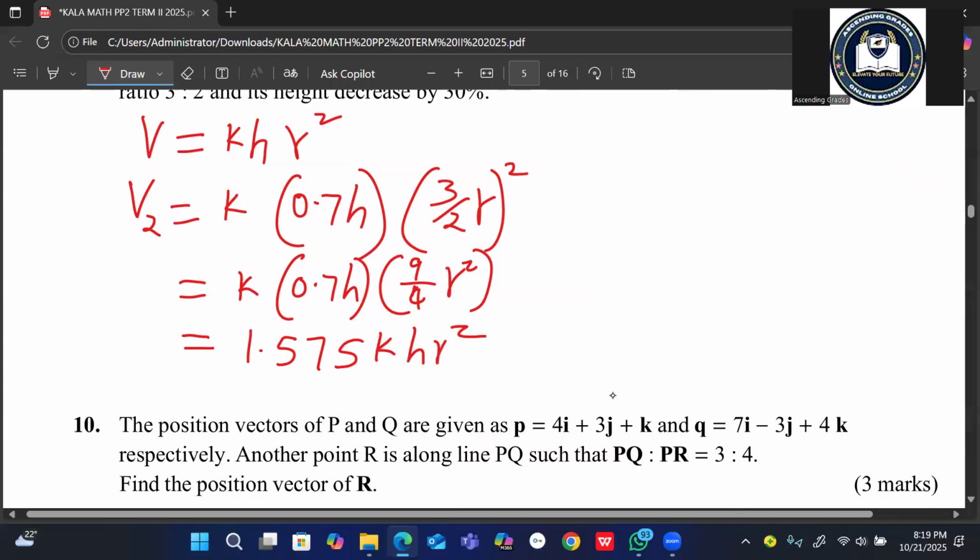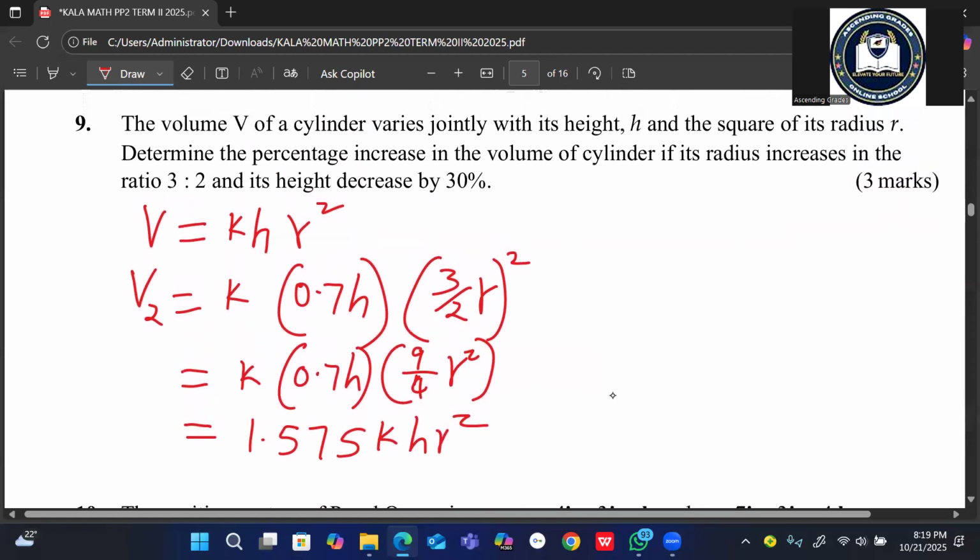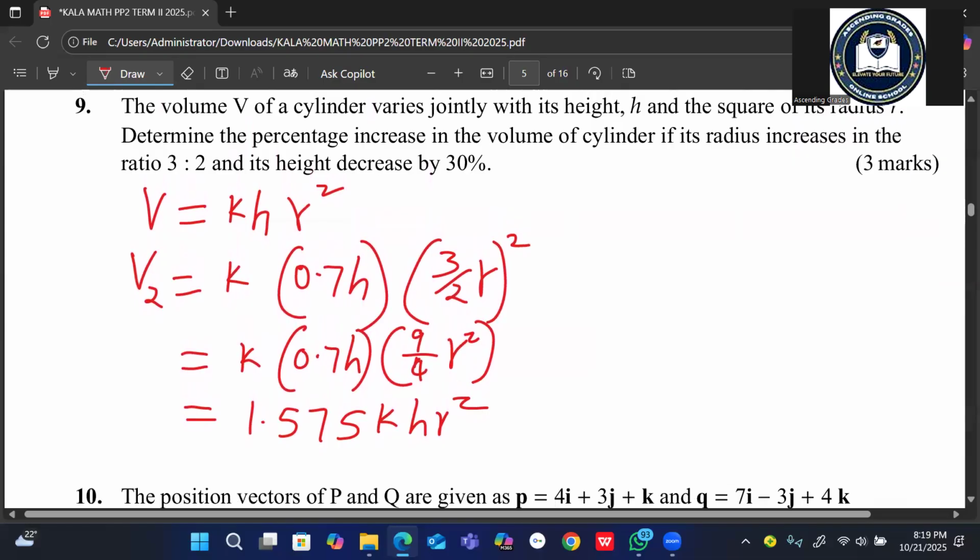khr squared. So we've been told to determine the percentage increase in the volume of the cylinder. So you have to subtract the initial one, then you multiply by 100%. So it will be equal to 1.575 khr squared.